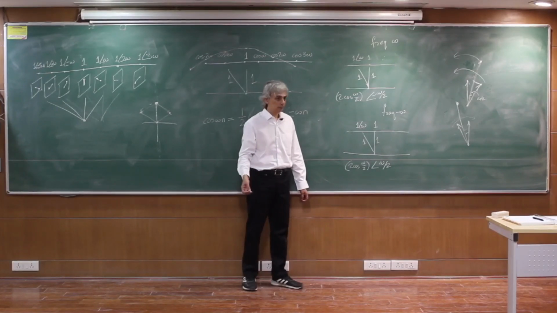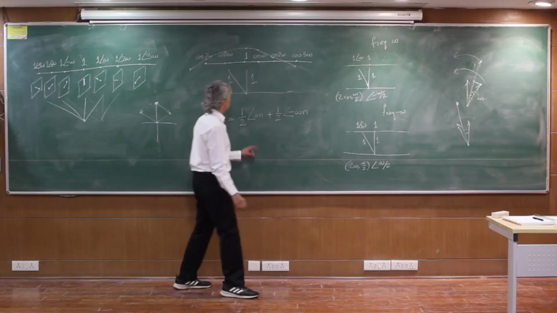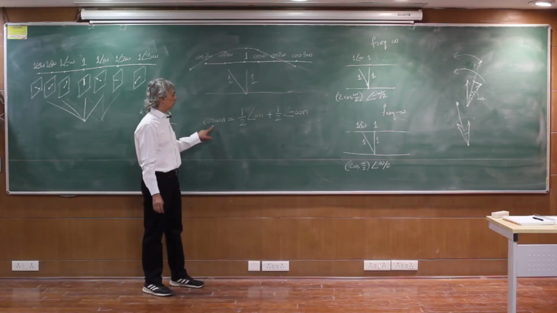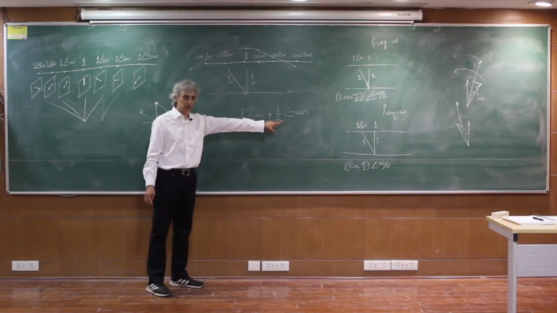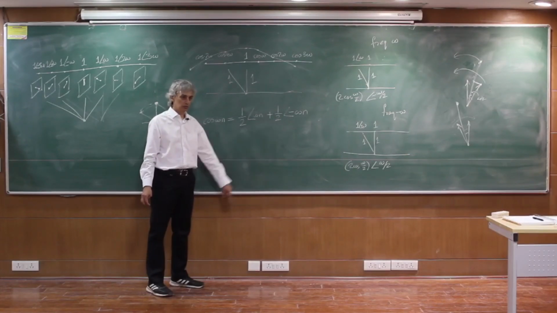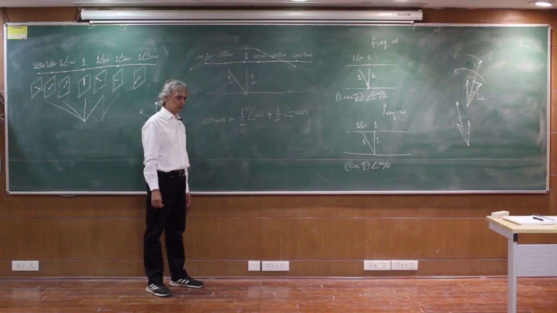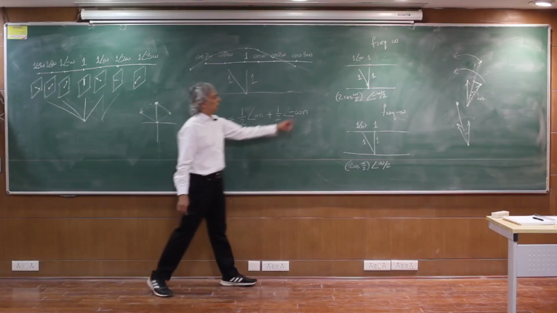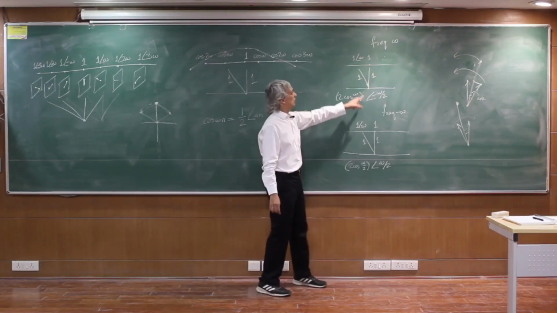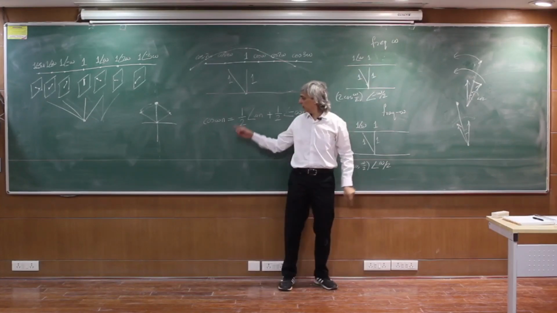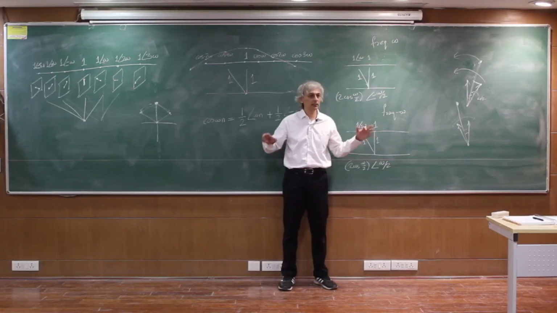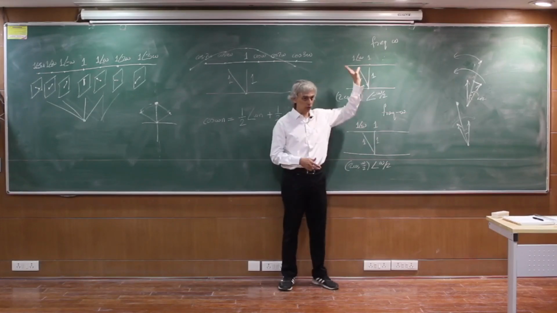How is that a combination of these two? How is cos omega n equal to half angle omega n plus half angle minus omega n? Is that the question? Like how does half angle omega n translate to that? So this is basically one angle omega n, correct? So half angle omega n is a scale of one angle omega n. It's the halved scale of one angle omega n.